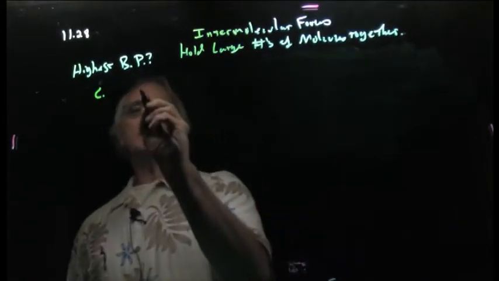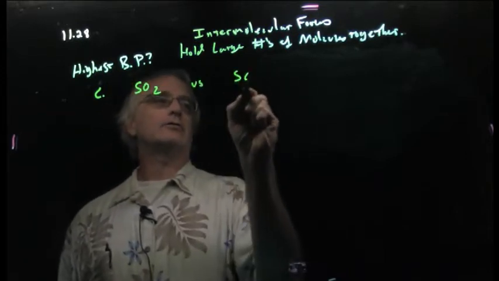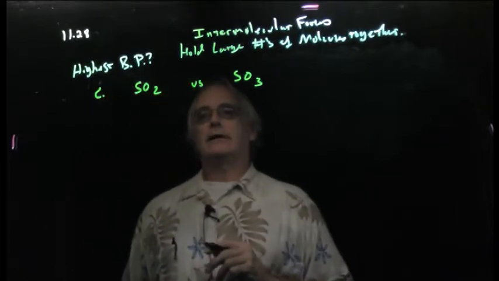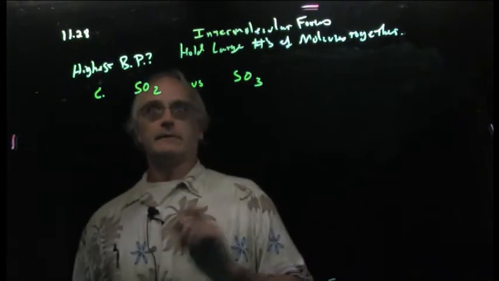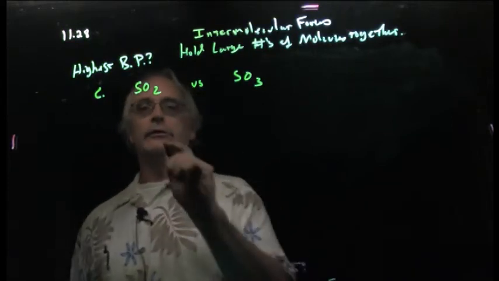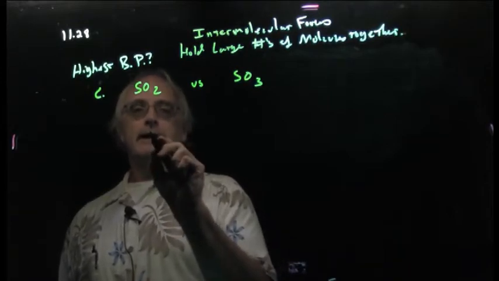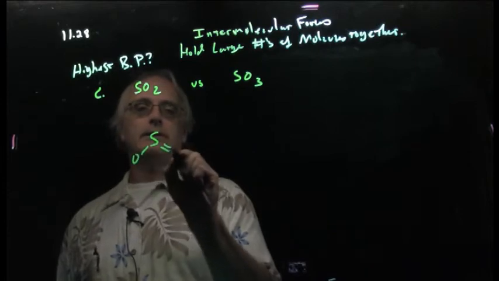Part C. This one, sulfur dioxide versus sulfur trioxide. Now this one right off the bat is a little bit ambiguous, and so what you need to do first is draw the Lewis structures of these things. Go back to earlier skills from chapter 8 and chapter 9, and I'm going to go ahead and do that fairly quickly here.